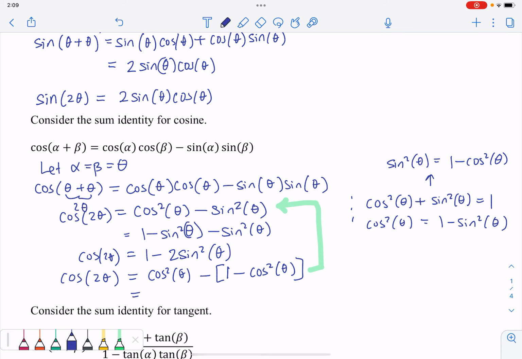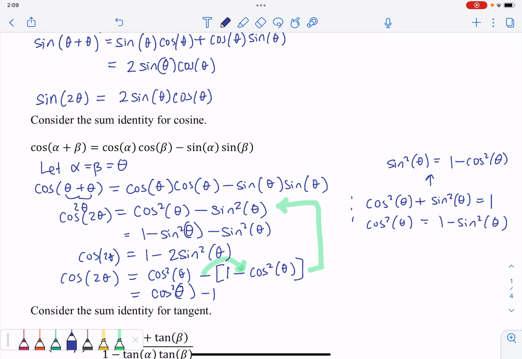Okay, so what would this become? Well, it looks like I get cosine squared theta minus 1, and then this gives me subtract another cosine squared theta, but it's subtraction, right? Okay, so what do I mean here? Well, this would be minus a minus, so actually plus.